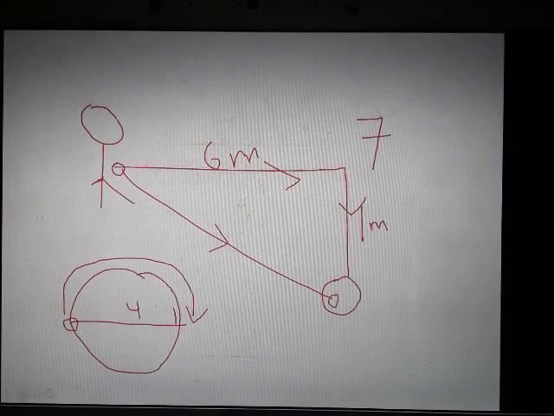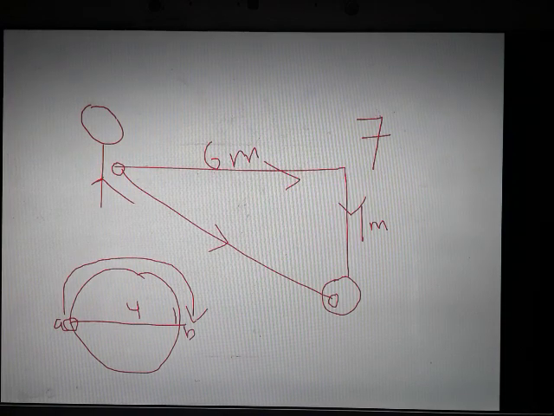Pi is 3.14, r is 2, so it may be around 6 or 7. So approximately the distance covered by this object from point A to point B is around 6 meter. But displacement is nothing but the distance between initial position and final position. So B to A, and what is that? 4 meter. So your displacement here is 4 meter, but distance is 6 meter.